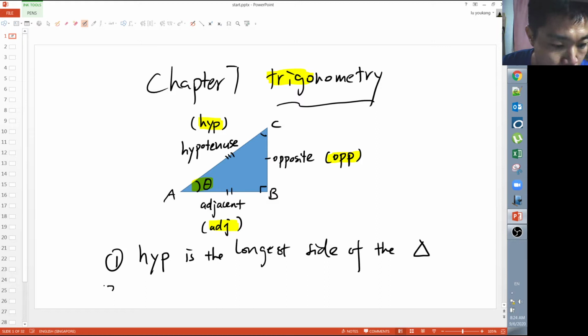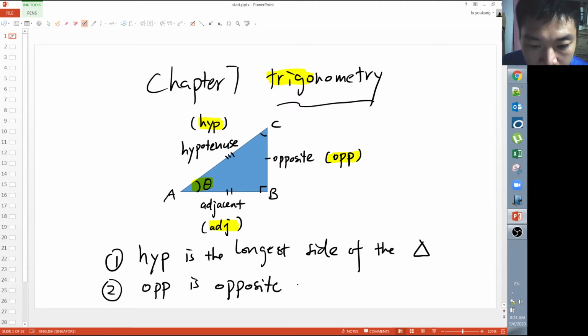Secondly, what you can do is identify the opposite side first. Okay, so the opposite side is opposite to the angle theta of the triangle.